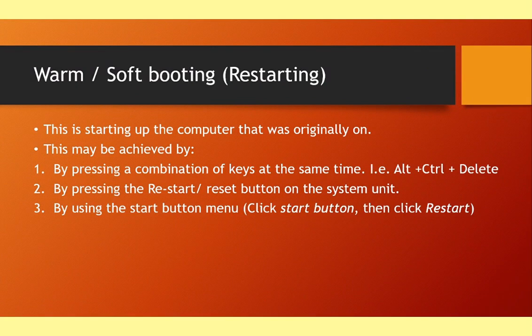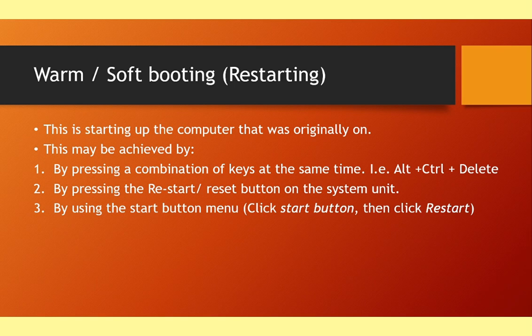Another type of computer booting is warm booting or soft booting. We also refer to it as restarting a computer. This is starting up a computer that was originally on. This may be achieved by, number one, pressing a combination of keys at the same time. When you press Alt plus Control plus Delete, then you have an option of restarting a computer.